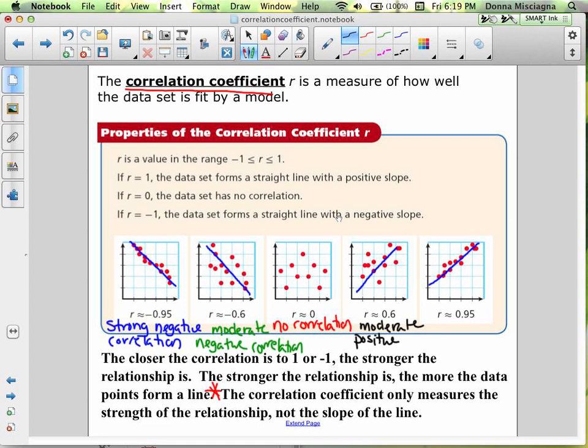We have a positive correlation, the points are following a line with a positive slope. So we have a moderate positive correlation. And we'll talk more about correlation in context. And then one more. Here we have a strong positive correlation.